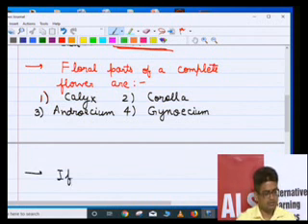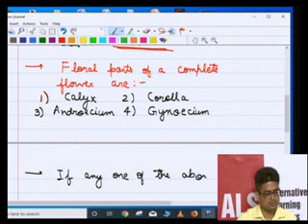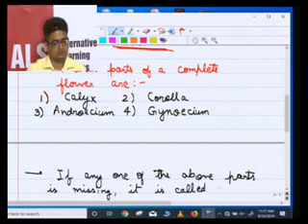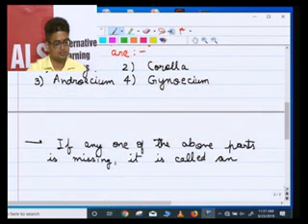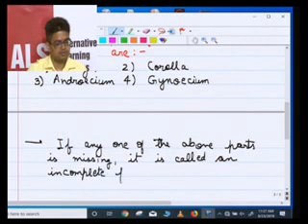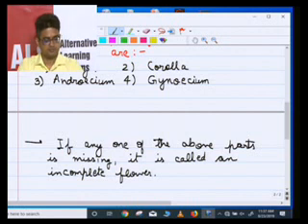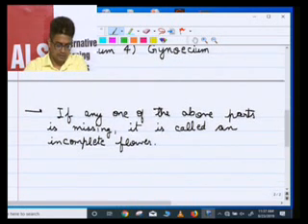If any one of the above parts is missing, it is called an incomplete flower. So this is about incomplete flower.